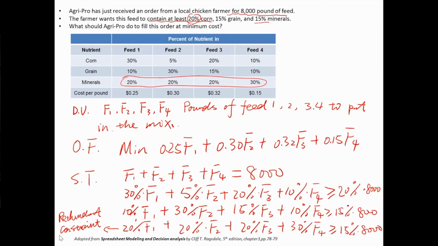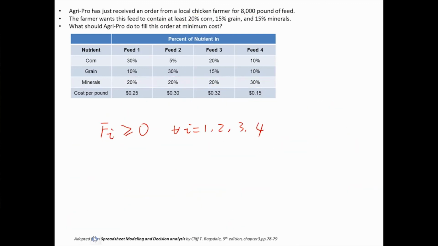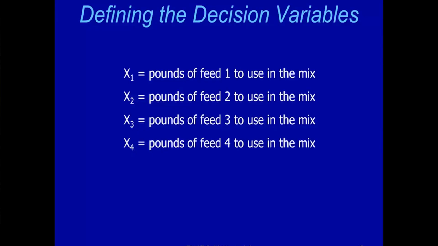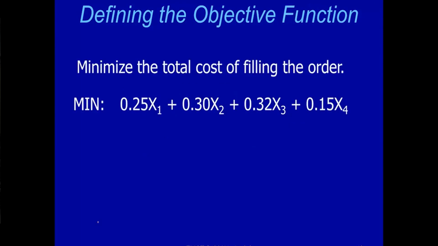I don't have enough space to write here. Just to summarize, on the slide I use x1, 2, 3, 4, which represent the pounds of feed to use in the mix, to minimize total cost, which is the sum of the products of the unit costs and the decision variables.